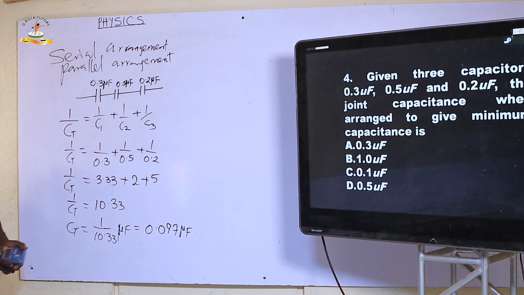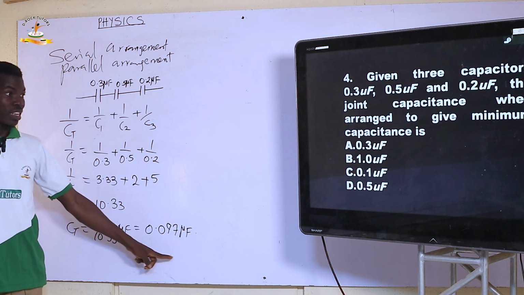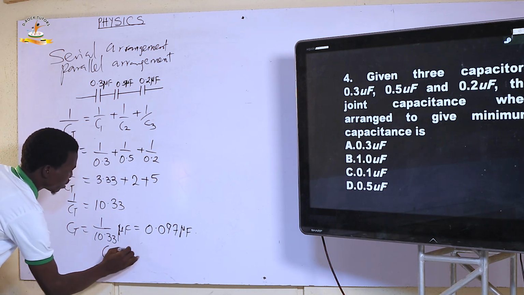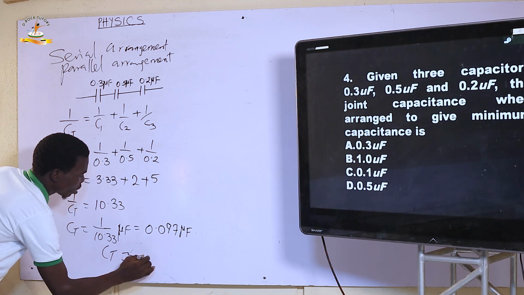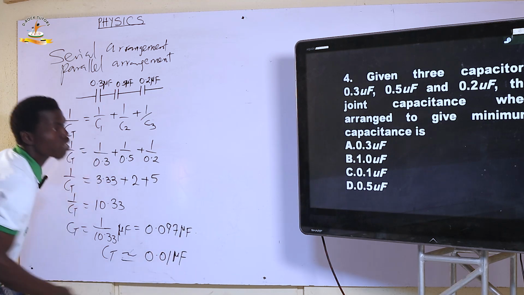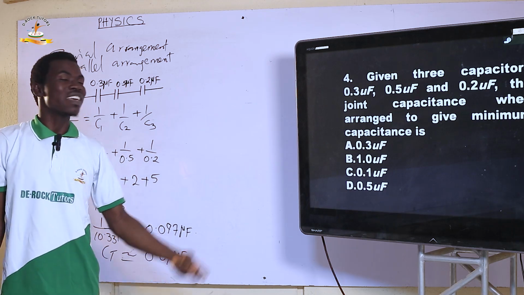Approximately, since there is no 0.097 option, we are going to use 0.1. That is the approximation of that. So here, C total is approximately going to be 0.1 microfarad. So the correct option is going to be C.